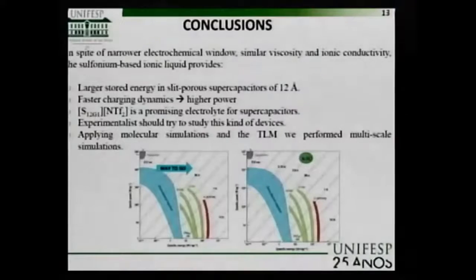So we can see how much energy the device delivers and how much energy is stored, and it also shows the time in which the process of delivering and charging of these supercapacitors or batteries can happen. I don't know if I was clear.